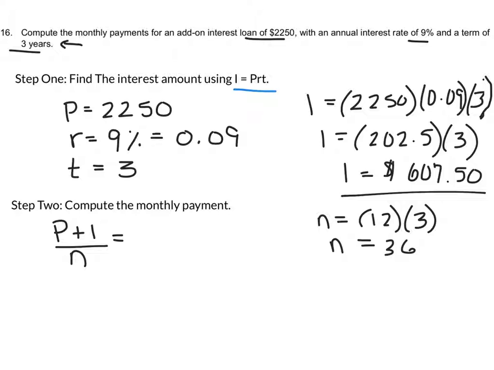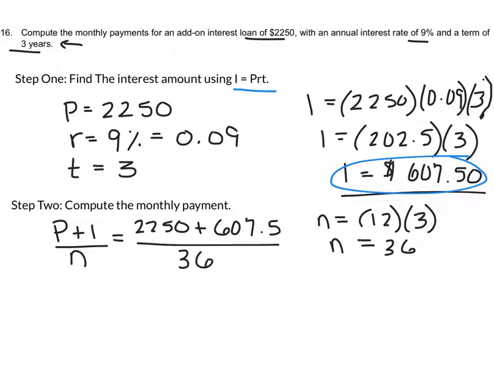Now I'll substitute the values into the formula for monthly payment. So I have 2,250 plus $607.50 divided by 36. 2,250 plus 607.5 is 2,857.5 divided by 36.